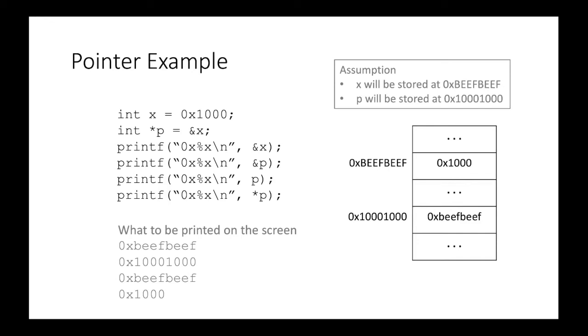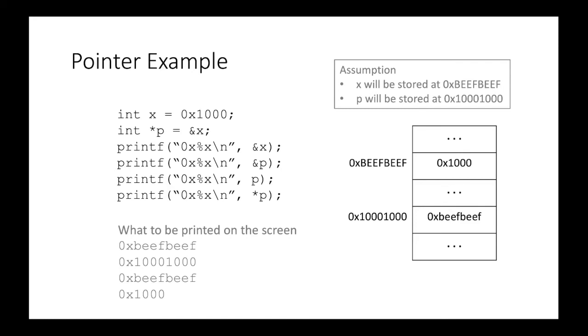Alright, the first printf statement prints the address of x, ampersand x. So the address of x is hex beef, and hex beef will be printed on the screen. The second printf prints ampersand p, which is the address of p.